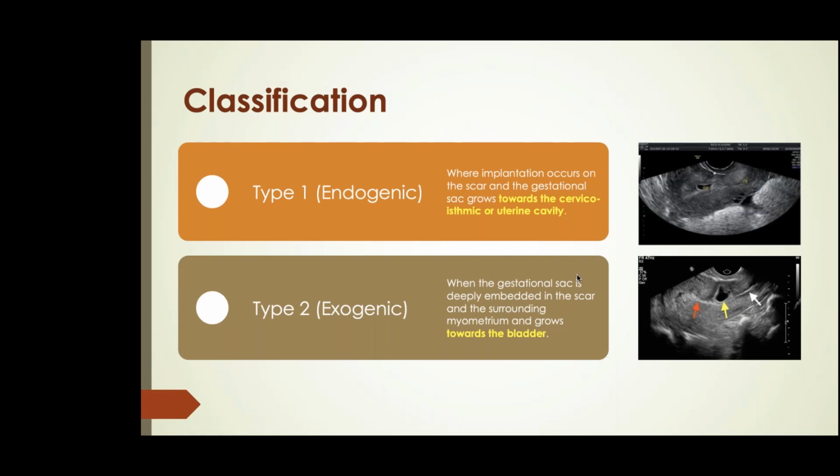If the sac is growing towards the bladder and the abdominal cavity, it is exogenic, or type 2. As you can see here, this is type 1, where the sac is going from the cesarean section scar towards the uterine cavity, and the other one is pointing out to the bladder and then the abdominal cavity.